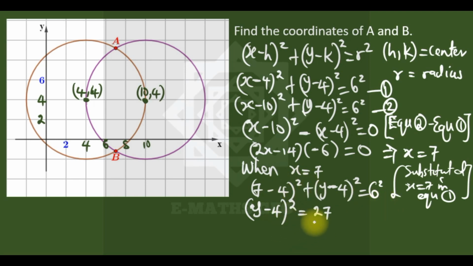We continue solving, remembering we are looking for y. We move the square to that side, so y minus 4 equals the square root of 27. And we know the square root of any number has two answers, plus or minus the square root of 27.